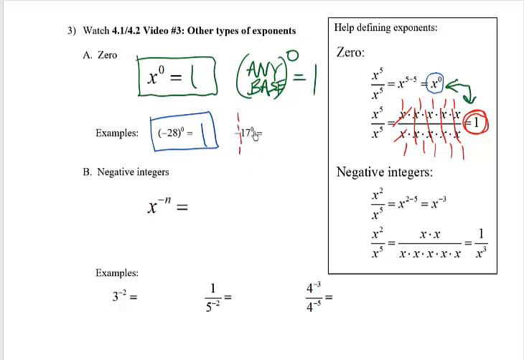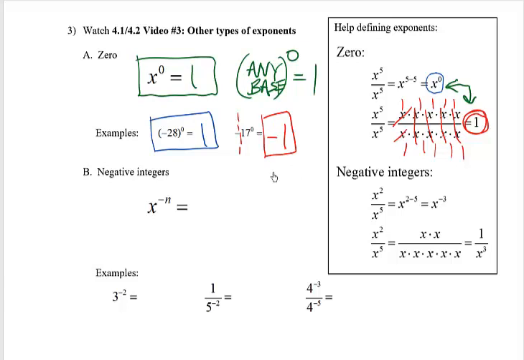This is positive 17 raised to the 0 power with a negative sign attached. Well, positive 17 raised to the 0 power is 1 because any base to the 0 is 1, but then I have to attach that negative at the end. This negative was not a part of the rest of the expression. It just hung out there and got attached at the end. So be careful with that parentheses issue.